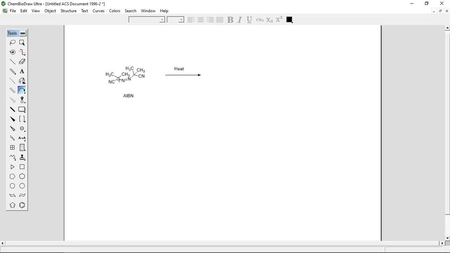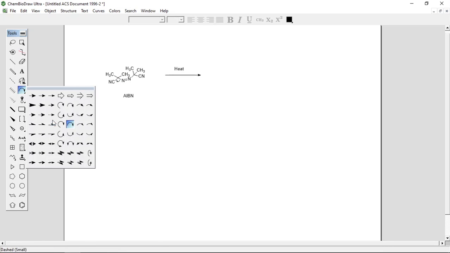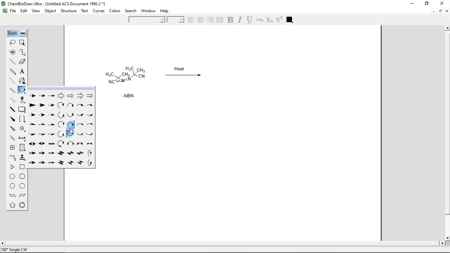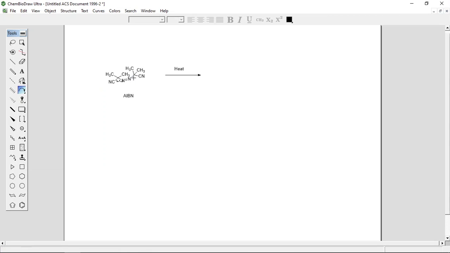This bond will break homolytically and generate a radical. In the same way this bond undergoes homolysis.